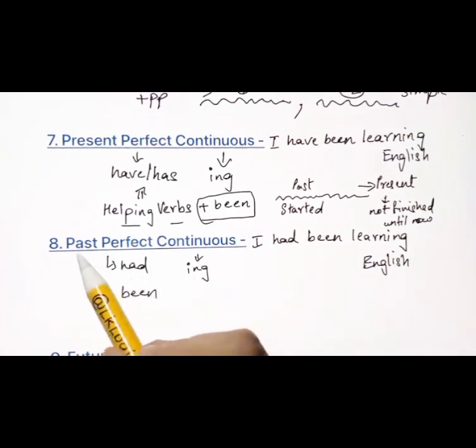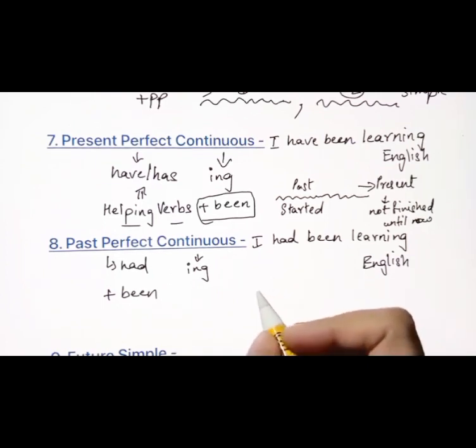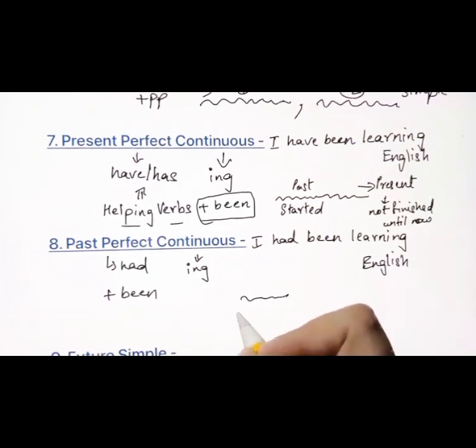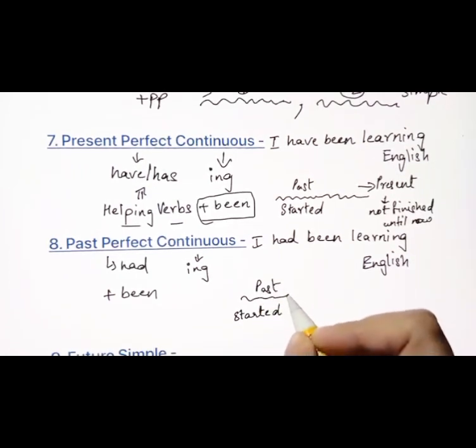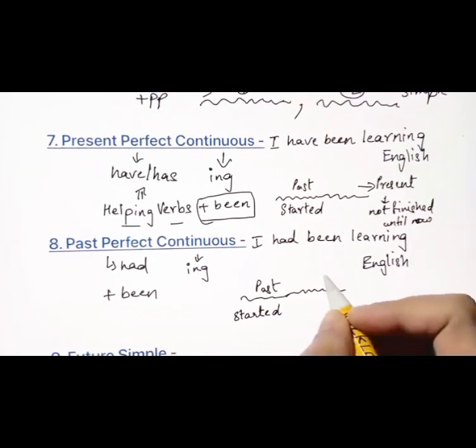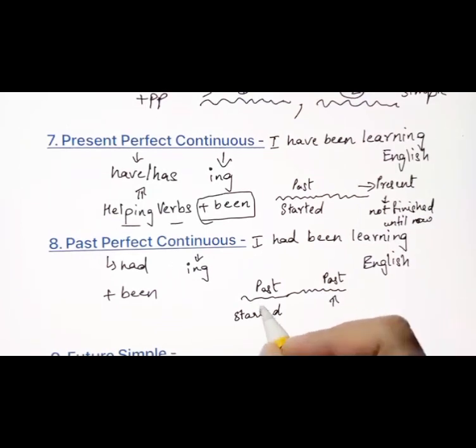Now, as you're talking about the past, everything is happening in the past here. I had been learning English shows that an action started in the past, and it is continuing up till another time in the past itself. So everything is being done in the past only.